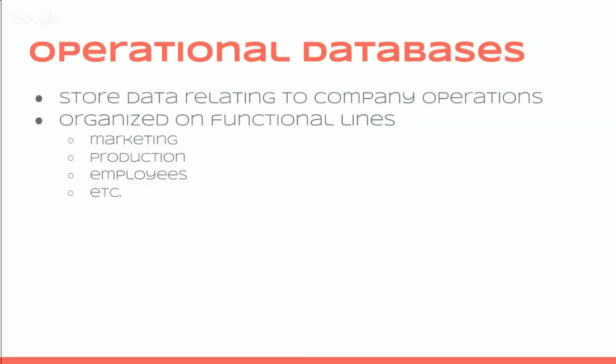And another, more detailed way to put it, is that it's relating to company operations. A lot about functional lines, so marketing, production, employees, all the data that would be involved in organizing a marketing team and managing that production line. That might be applied to supply chain management, if you're looking back on that. It keeps everything with the employees in line.